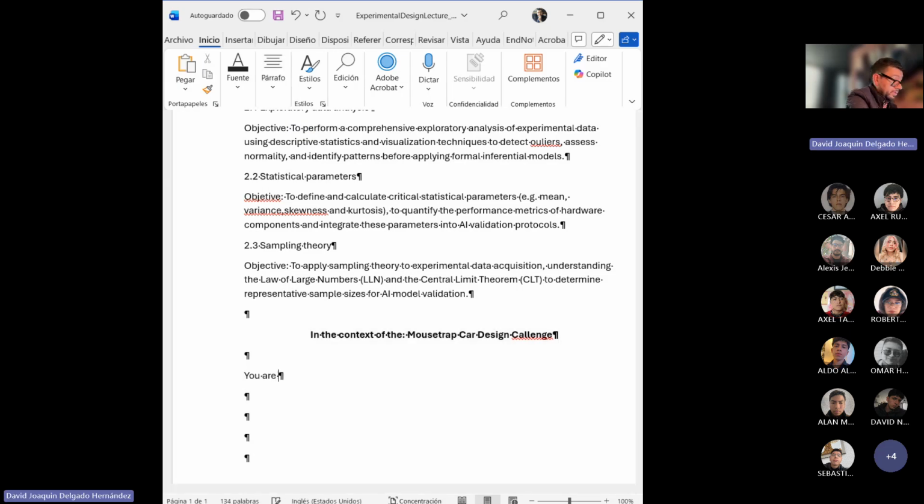You are not building a car. You are designing an experiment.